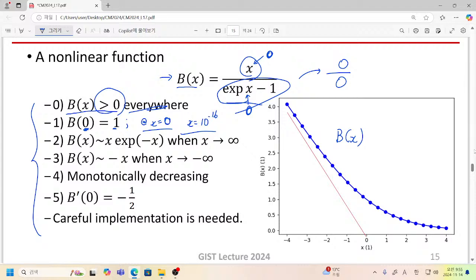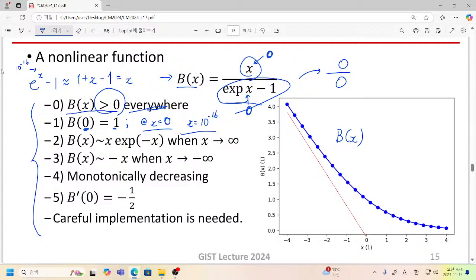Even in this case, your numerical simulation makes some problems, because for exponential x minus 1, when x is quite close to 0, exponential x can be well approximated as 1 plus x, and minus 1 is given as x. Good.